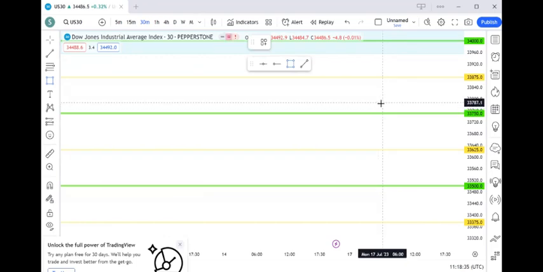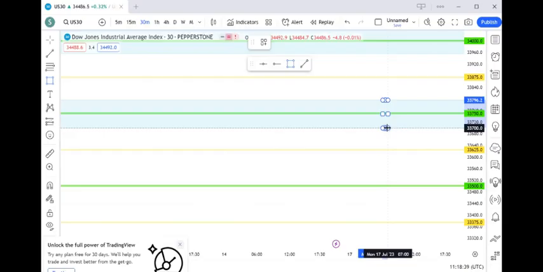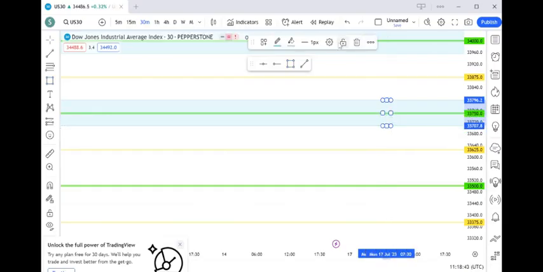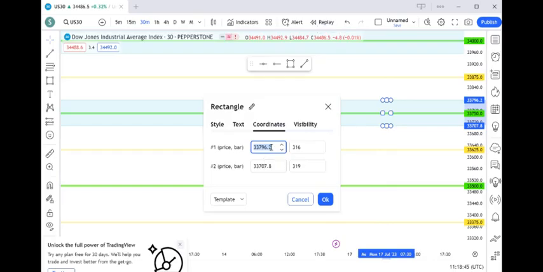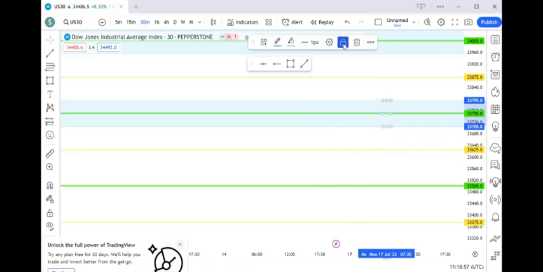I'm going to go to 95 here. And here at 05. Lock that bad boy.